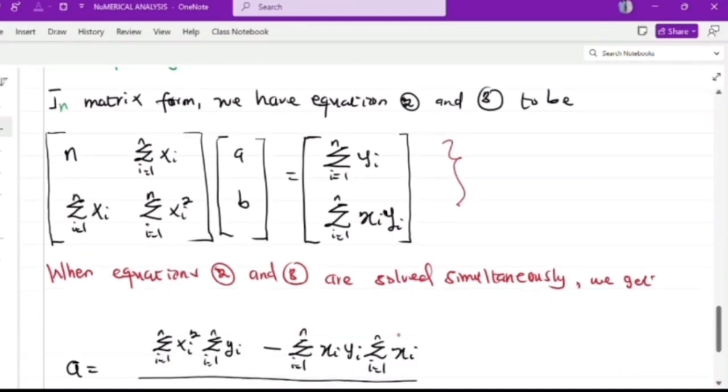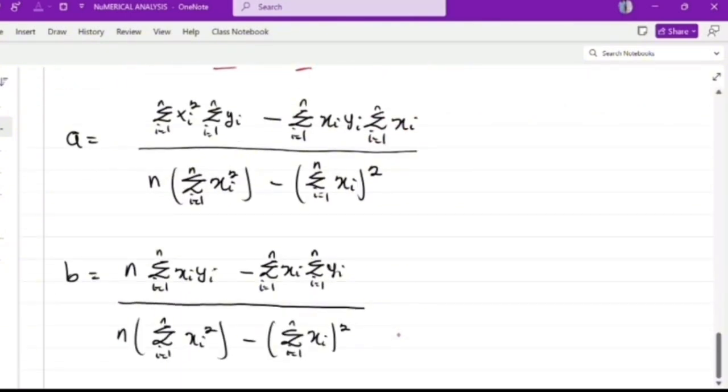But if you proceed to use either the method of substitution or the elimination, that's the simultaneous equation method. If you solve equation 2 and 3 simultaneously, you will end up getting A to be this and B to be this.